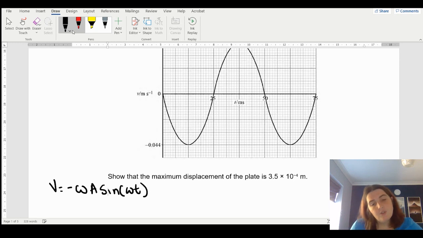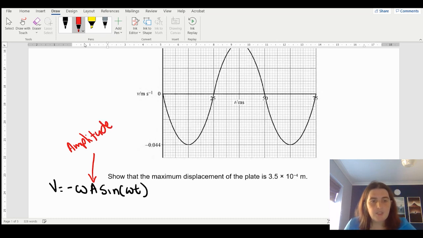And that's not on your data sheet at all. But this equation is what this graph represents. So the maximum V, so it's maximum displacement here. The maximum displacement here is actually the amplitude.